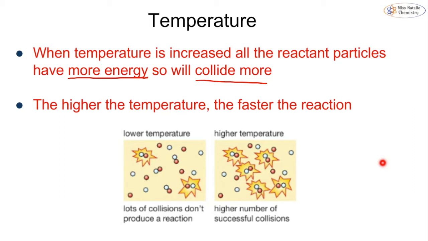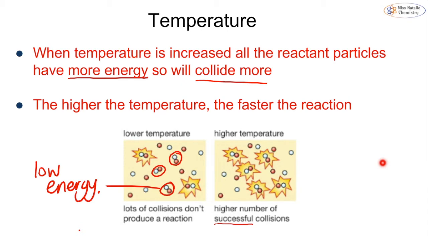This is exactly what we do with our reaction. Because we have a higher energy, we're getting collisions that are more successful. So when it's a lower temperature, sometimes they will still collide, like these ones here, but these are at a low energy, so they're not going to react.